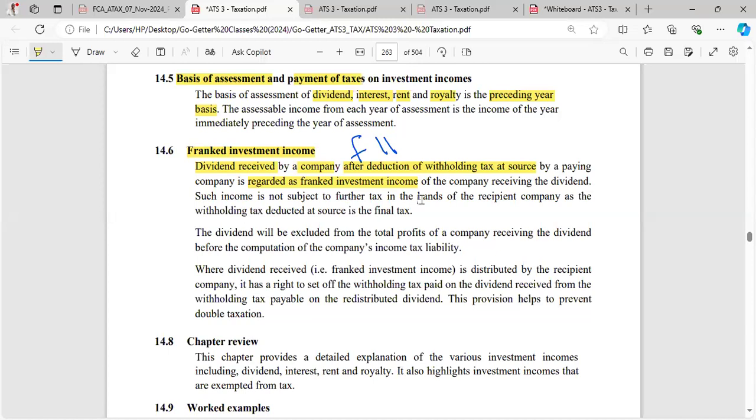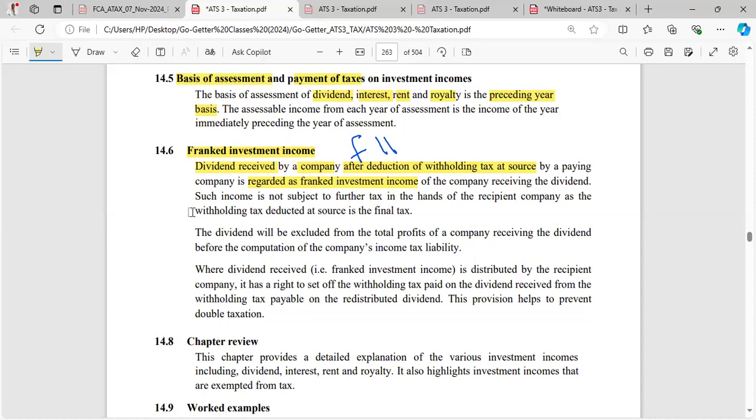This profit after tax is what you are now sharing. It has suffered tax, profit after tax is now being shared, and you have suffered withholding tax from it again. So there is no need to suffer more tax on it, so it is called franked investment income.